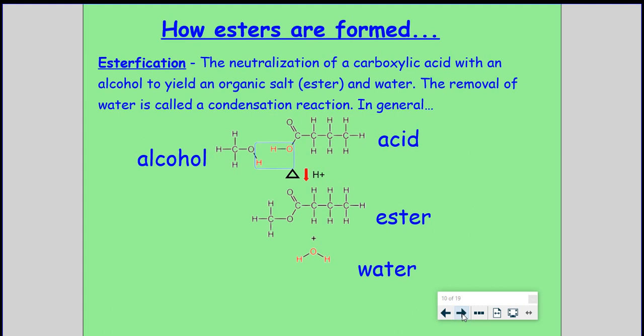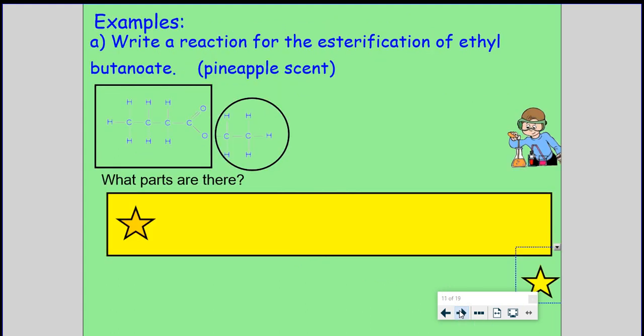What happens here is your OH group from your acid is going to combine with the hydrogen from your alcohol, creating H2O, creating your water, creating an ester bond between what used to be your alcohol and the acid. So conditions to highlight here, since we've already reviewed how this is formed, are heat and a strong acid, usually concentrated sulfuric acid.